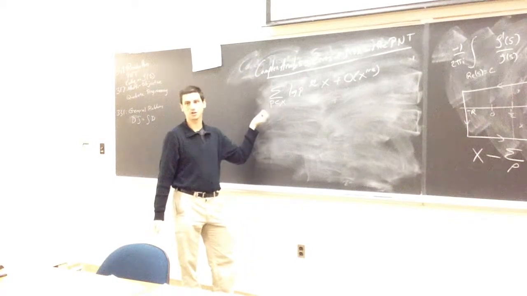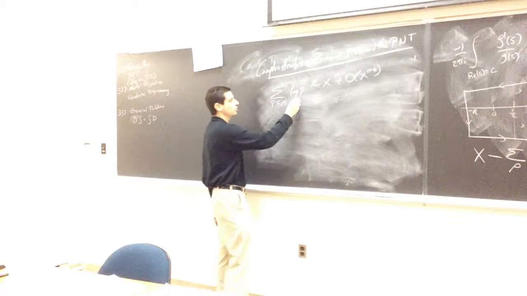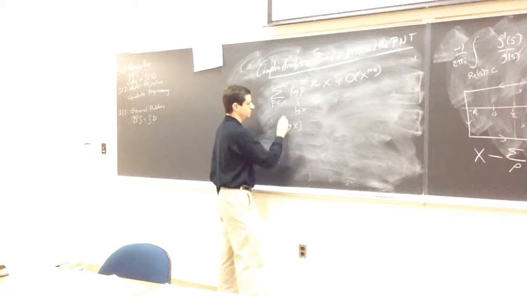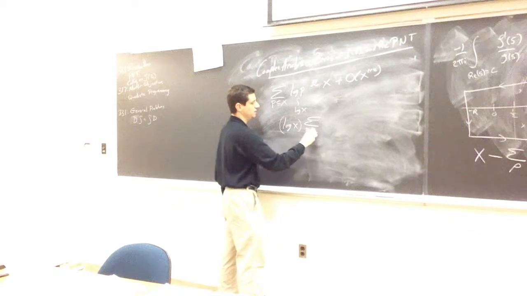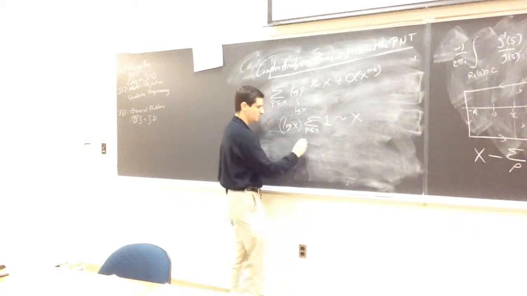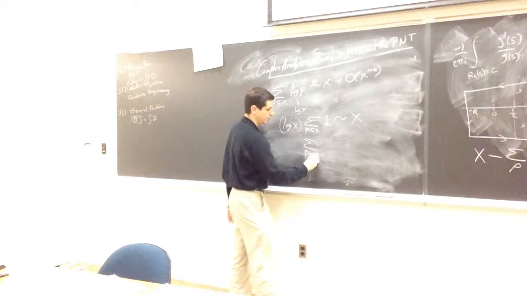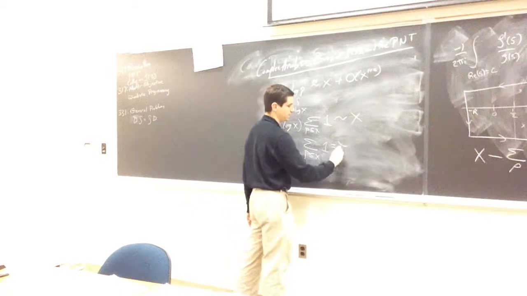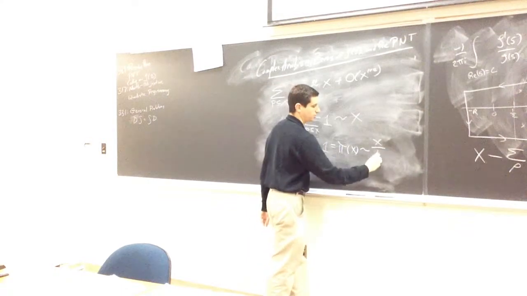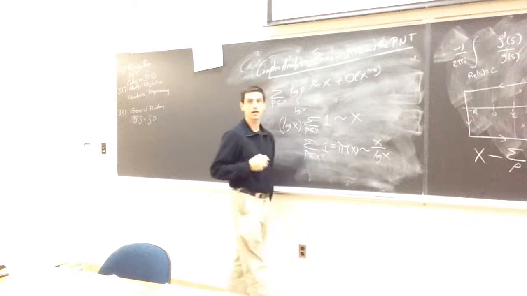Look at all the primes going from x over log x to x. This is all approximately log x. So you get log x times the sum over p less than or equal to x of 1 is approximately x. So you get the sum over p less than or equal to x of 1, which is pi of x, the number of primes at most x, is about x over log x. And there's the prime number theorem.